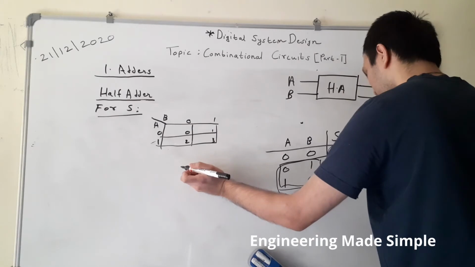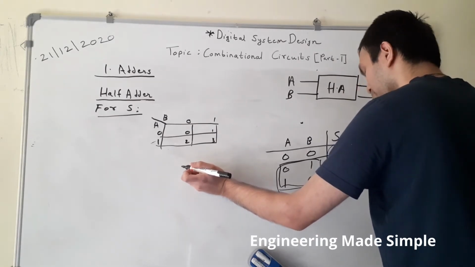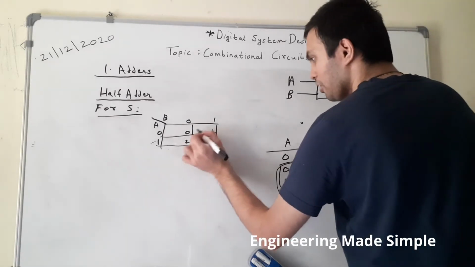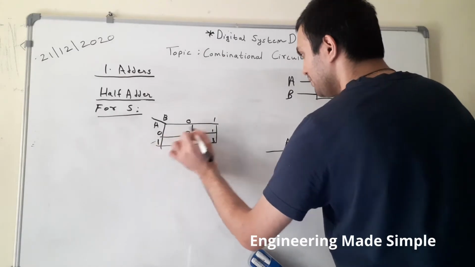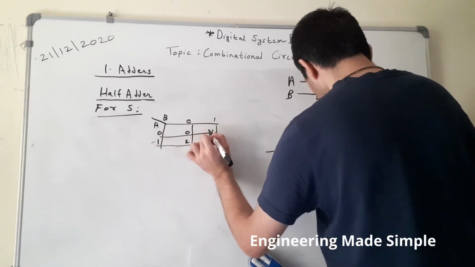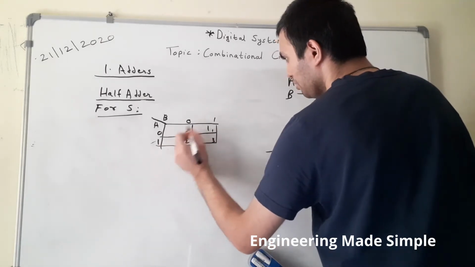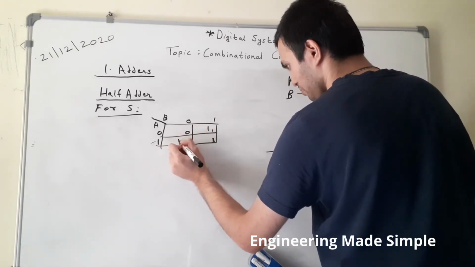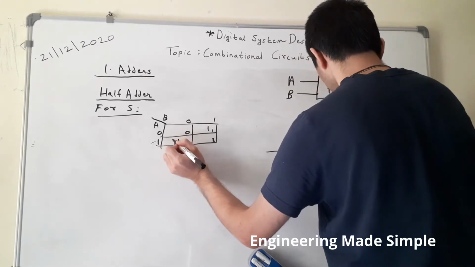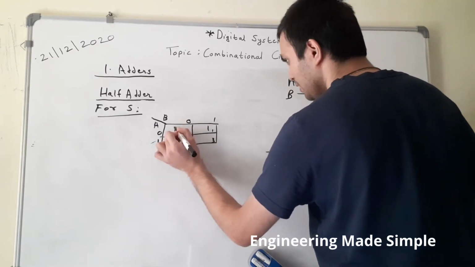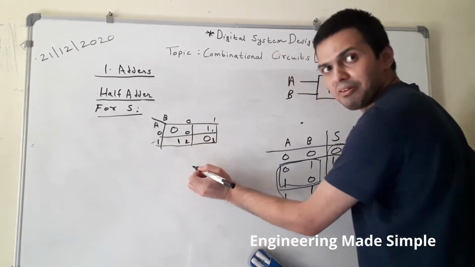Now let us start filling from the truth table. The output corresponding to 0 1, that is this column, is 1. So we will fill it with 1. And the output corresponding to the 1 0 input combination is also 1. We will fill it with 1. The rest of the 2 cells will be 0. So now we have filled the K-map for sum.